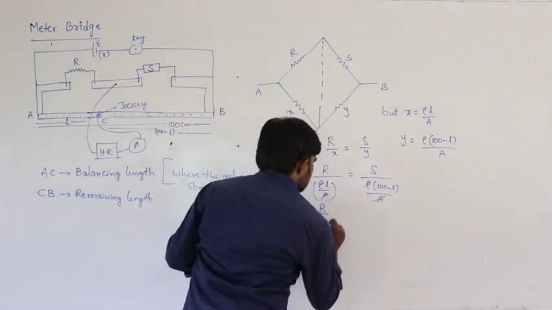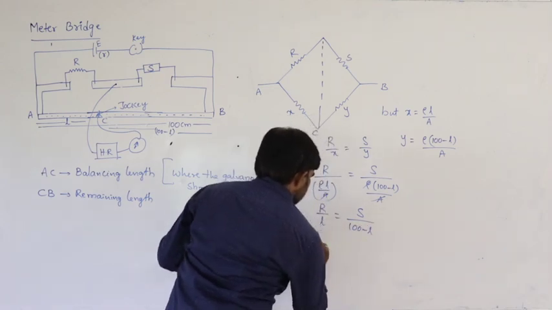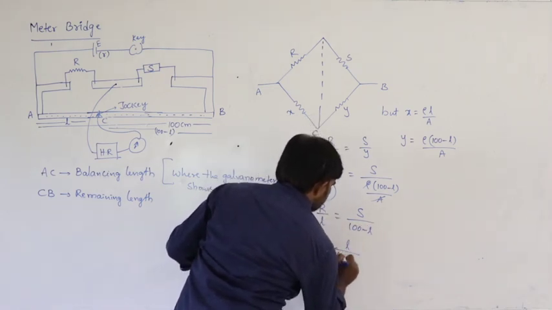From this we can write R by L is equal to S by 100 minus L. So R by S is equal to L by 100 minus L.